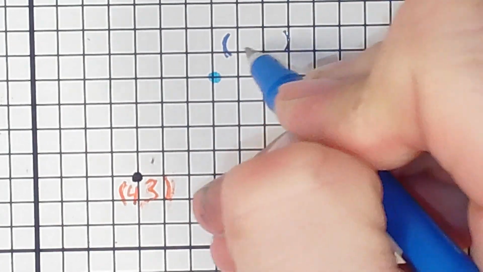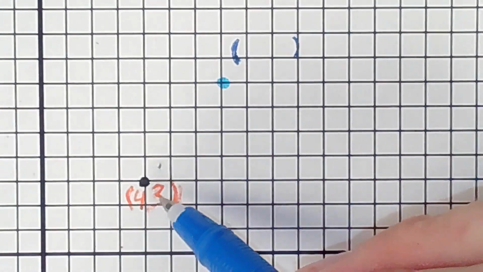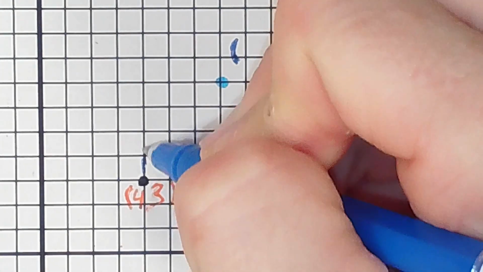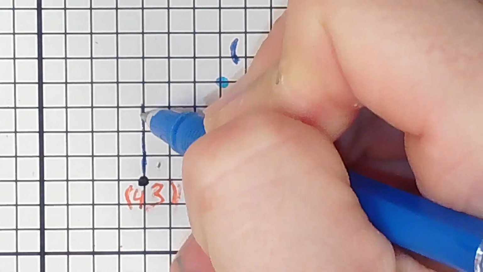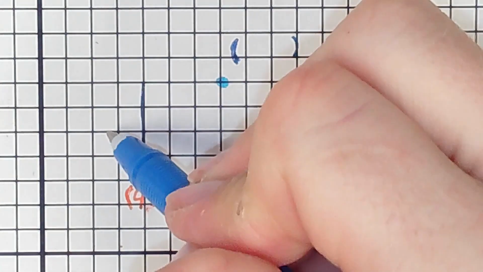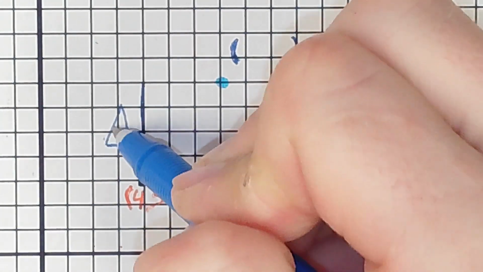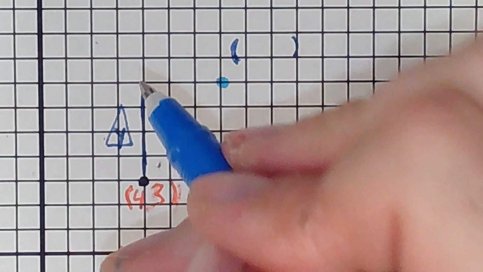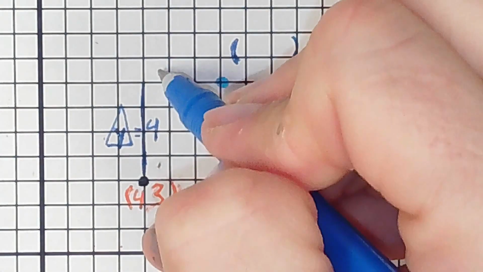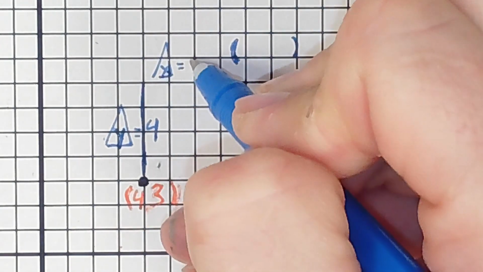Well, it's pretty easy. I just know that I moved 1, 2, 3, 4 up. So my delta y is 4, and my delta x equals 3.